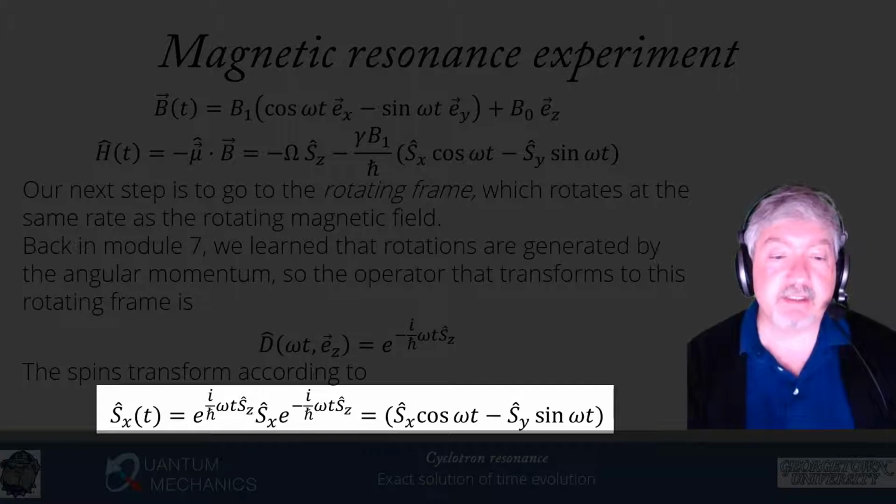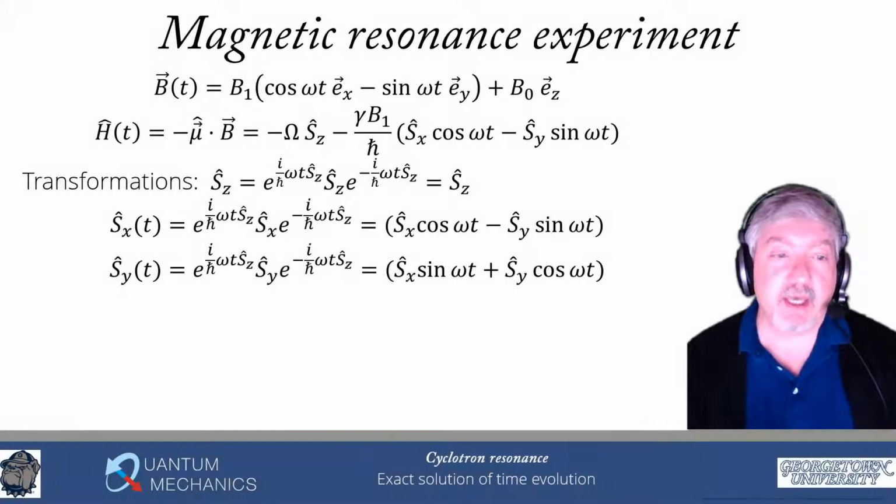Now for Sx, we work this expression out by working on the Hadamard identity. So we get an Sx cosine omega t minus an Sy sine omega t, and then a similar thing for the y. It goes to Sx sine omega t plus Sy cosine omega t. And these then are our three transformations. The Sz is left alone, and the Sx and the Sy, they're rotating.